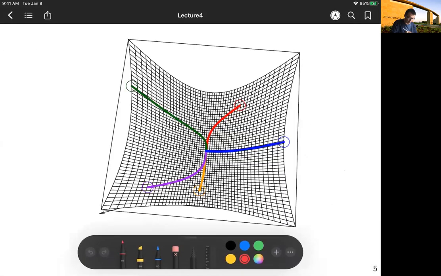When you have discretized steps, on the other hand, you won't be moving along a continuous flow, but instead along a discretized version of this flow. You're moving this way, then a little bit there, and a little bit there, and ultimately you'll end up at the final solution.